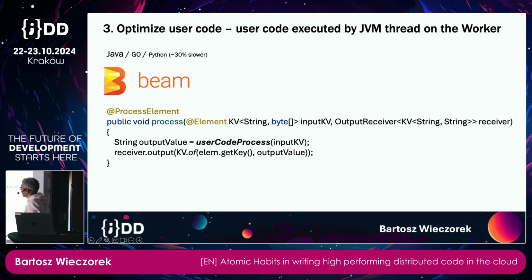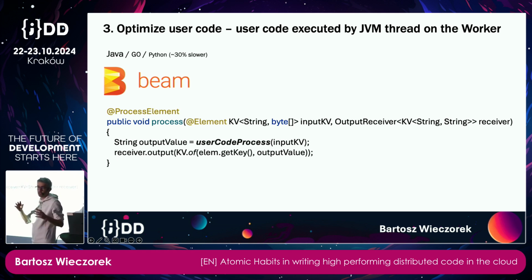The third optimization is about user code and the pipeline flow. The code that the data flow is running consists of the data flow SDK code, which is written by the creators of Apache Beam and Dataflow, but it gives us a hook so we can write our own processing code.